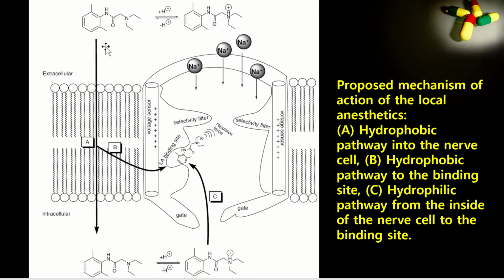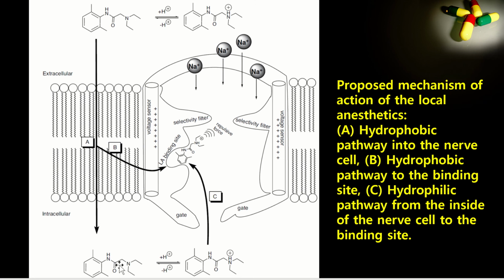So the proposed mechanism is that these local anesthetics can be in the unionized form or the ionized form in vivo. However, in order to cross the membrane, it has to be in the unionized state. So it can go from the membrane to the binding site and cause blockage, or it can go straight through from the extracellular to the intracellular, and once it's inside, it is protonated.